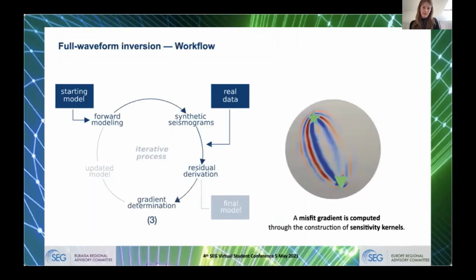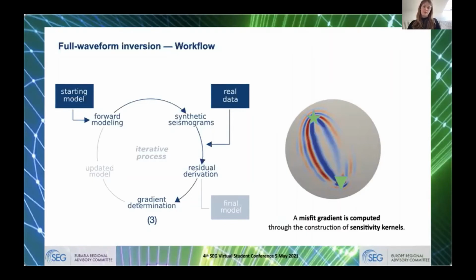To minimize the misfit, its gradient is computed, and the gradient tells us in which direction the misfit decreases, and it can be seen as a generalization of the wave path. So it represents the volumetric area that seismic waves have seen when traveling through the Earth. And here I've visualized this for a single source-receiver pair, but our actual gradient during the inversion is made up of the sum of all possible source-receiver combinations.